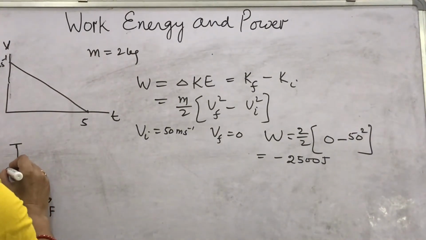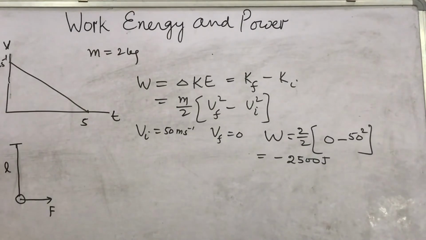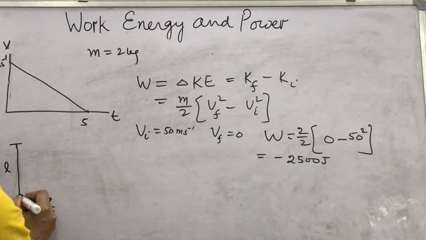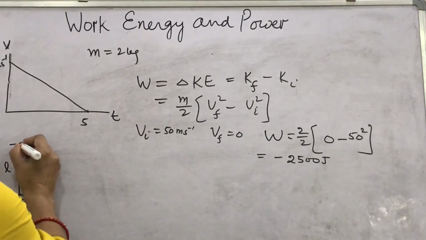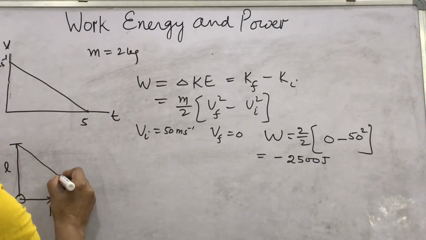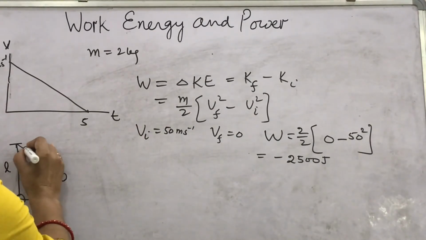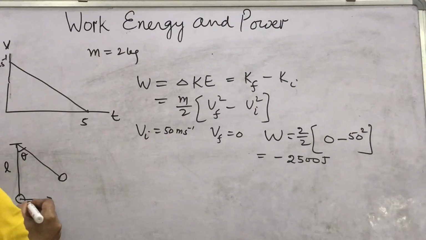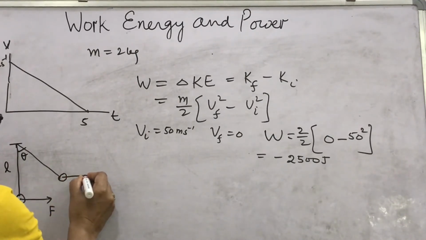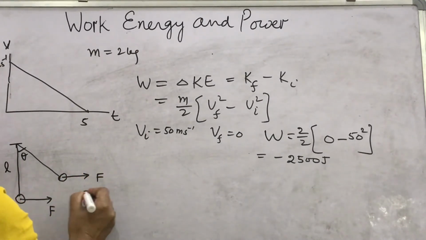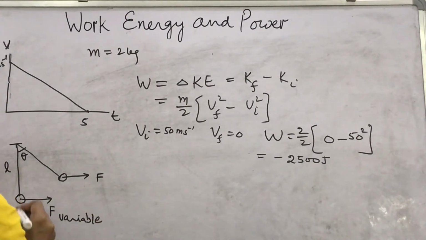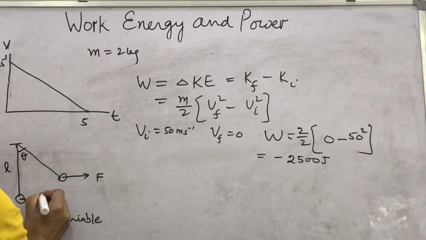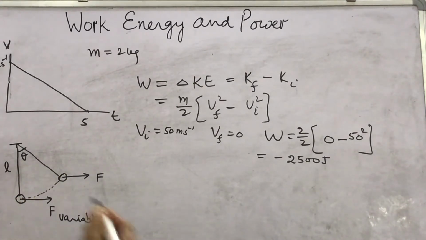The length of the string is L. This variable force is applied so gradually that the string comes from vertical to an angle of theta degrees. Remember that it is given that this application of force, which is variable, is in such a way that at each point in the path the object remains in equilibrium.